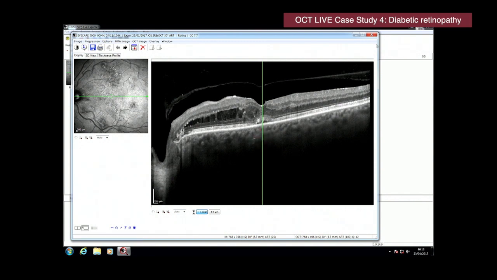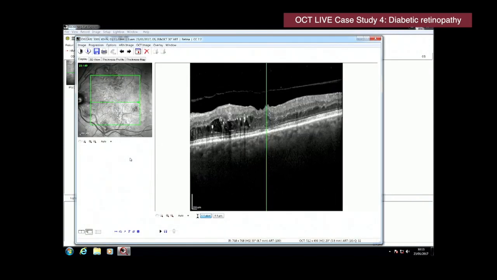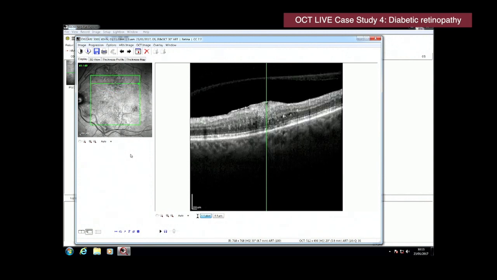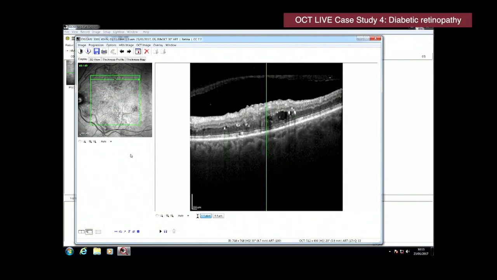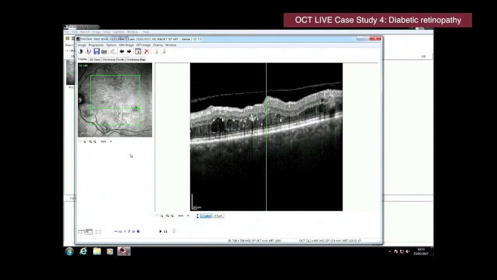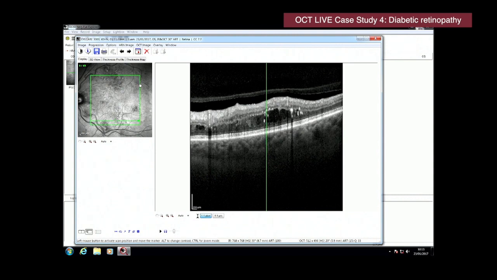We'll have a look at the volume scan as well, Phil, quickly. Okay, just going through. And again, we see this highly reflective material within the retina likely to be exudate. Also signs of an epiretinal membrane as well as we scroll downwards. Again, probably just an incidental finding. And if we just look at the macular thickness very quickly.